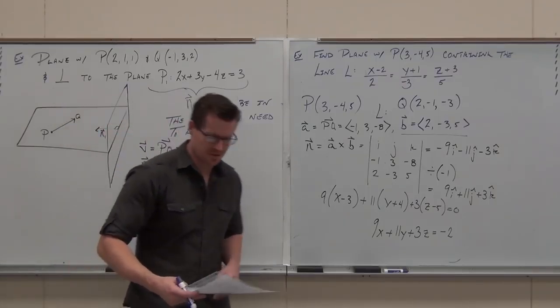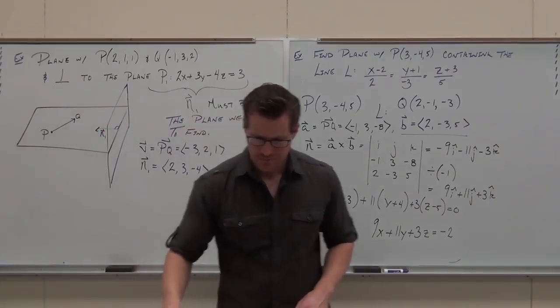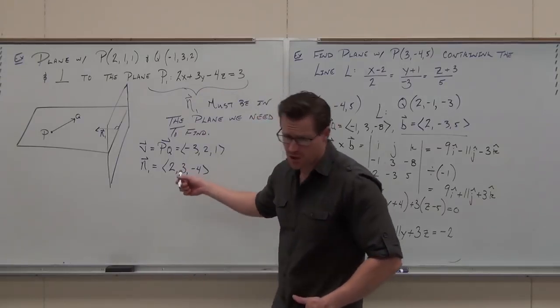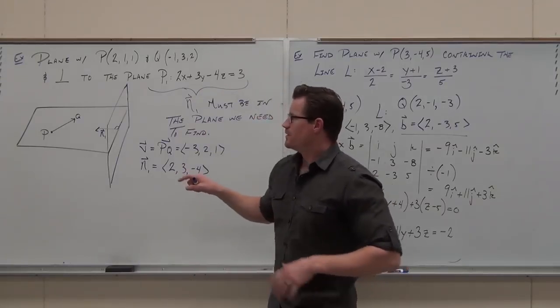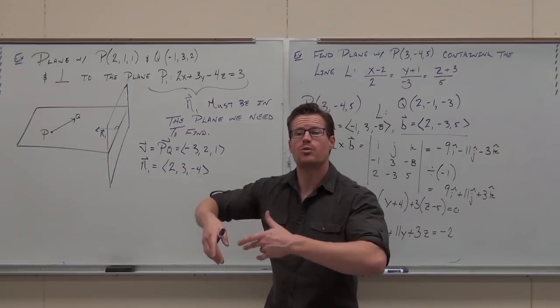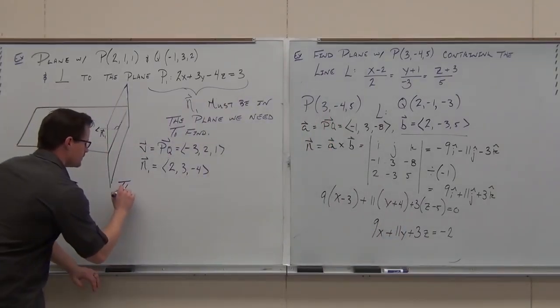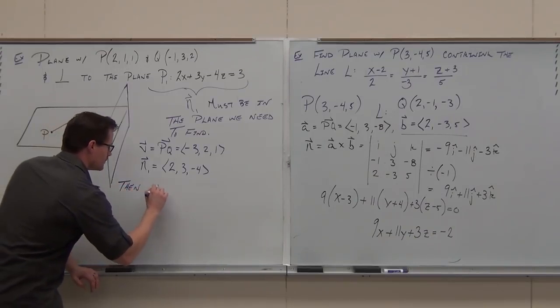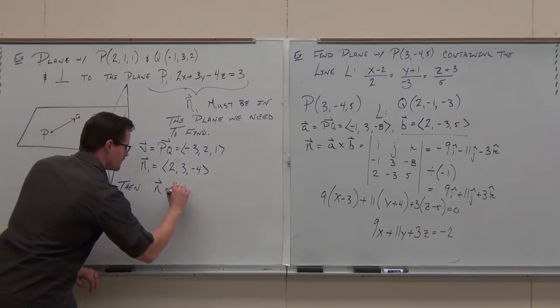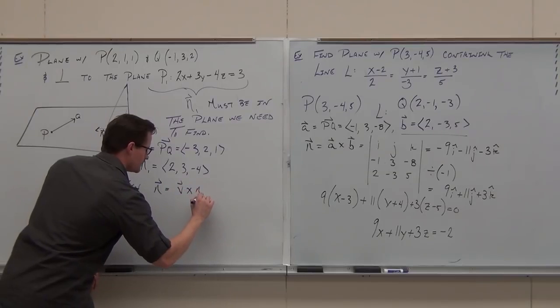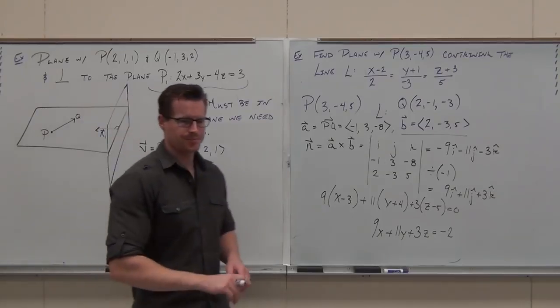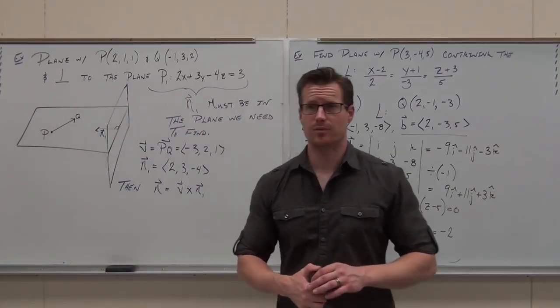I like it. It's pretty easy. If I find the normal from that plane, then the normal for the plane we want to find, it's got to be that normal.